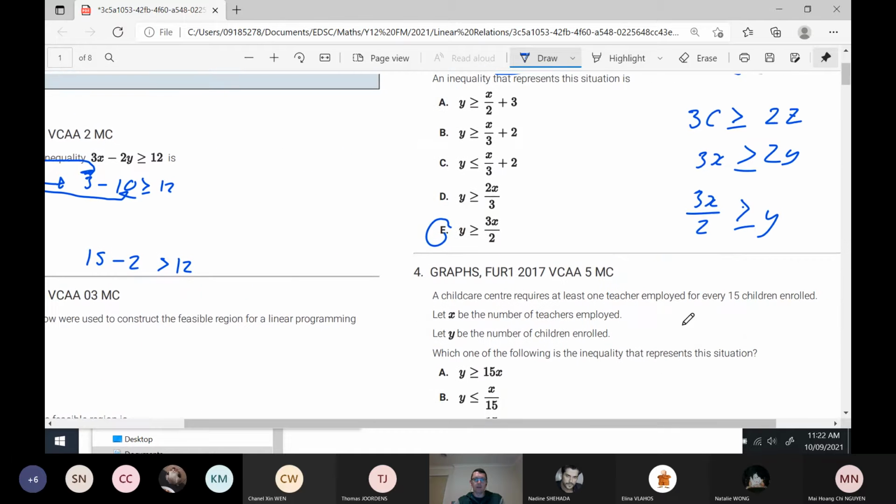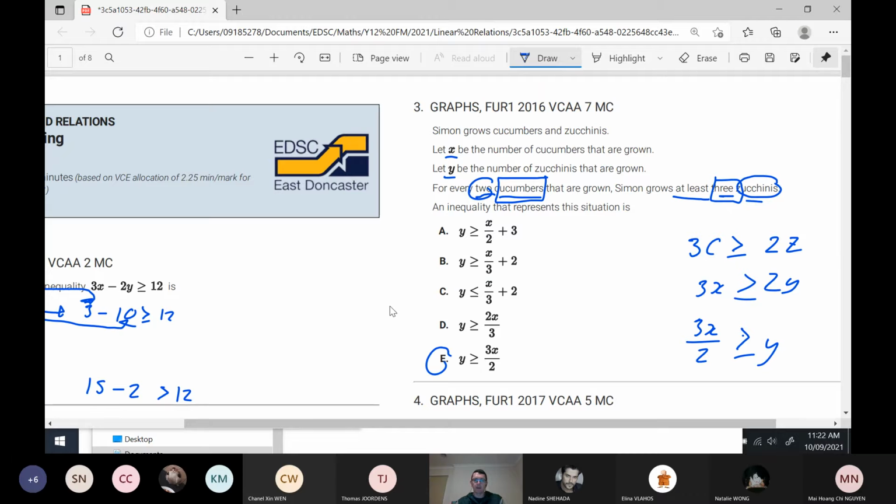If you think about it, for every 1 cucumber grown, so if I put 1 cucumber in, I'm going to make at least 3.5 zucchinis, because that would be y. I'm going to have the number of zucchinis is at least 3.5, 1.5, which kind of makes sense because if you halve this, for every 1 cucumber that's grown, Simon grows at least 3.5 zucchinis. And that kind of makes sense.